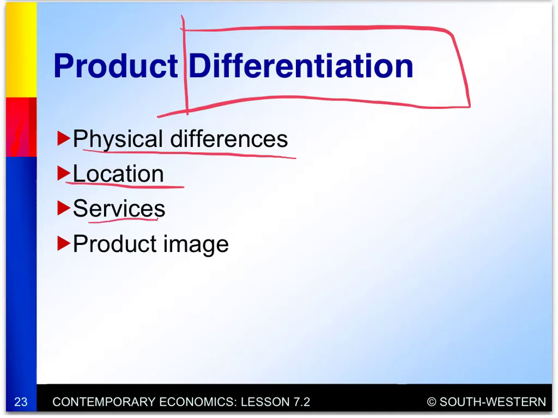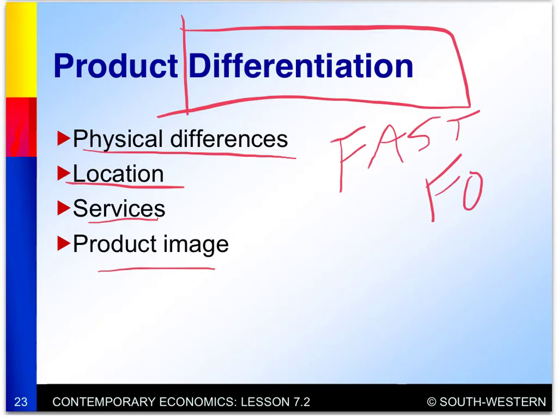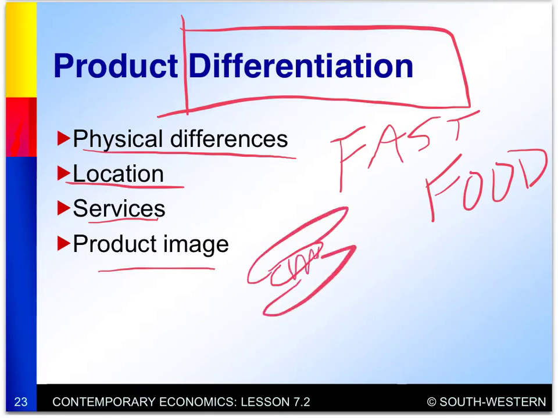Here's a good example. Fast food restaurants are in monopolistically competitive environments. And so you have, I mentioned before, the Big Mac, and then you have the Whopper. It seems flatter to me, but I like the Whopper better.